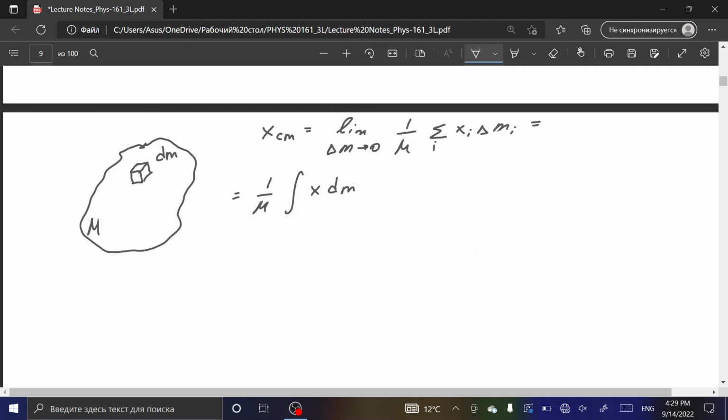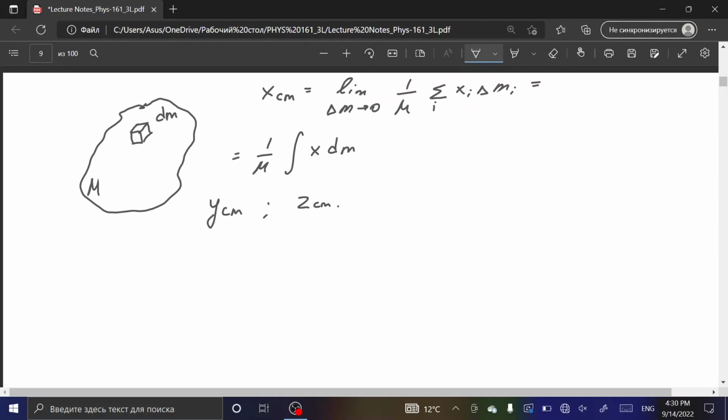So obviously we can write the same for position y center of mass and z center of mass. And in general, if we want to represent the two- or three-dimensional cases, we deal with the position vector of the center of mass, and that is equal to 1 over the total mass of the system, capital M, times the integral of position vector dm.